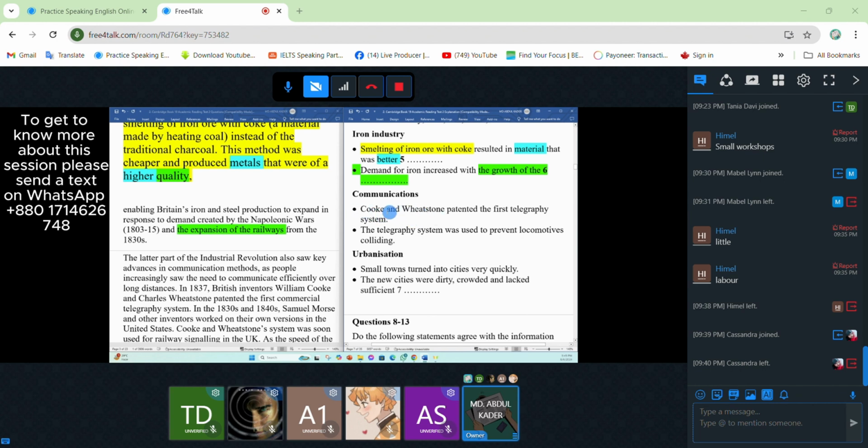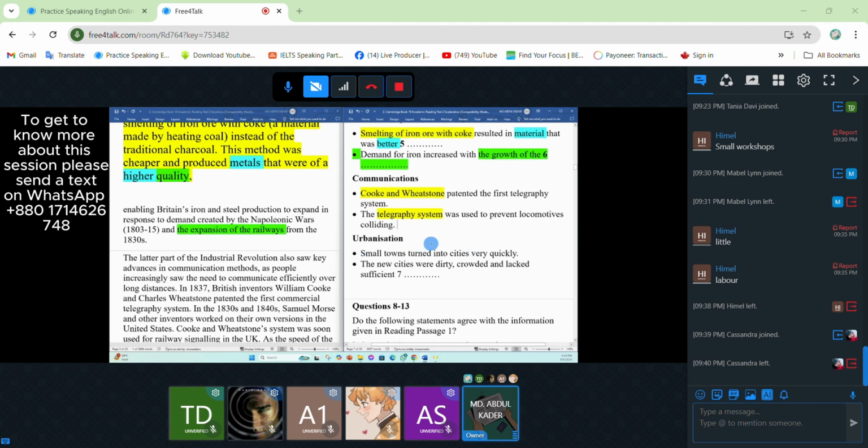Cook and Wheatstone, just consider these two names and this telegraphy system. No need to read other words or keywords. And finally, urbanization and small towns. Consider small towns, this is another keyword.